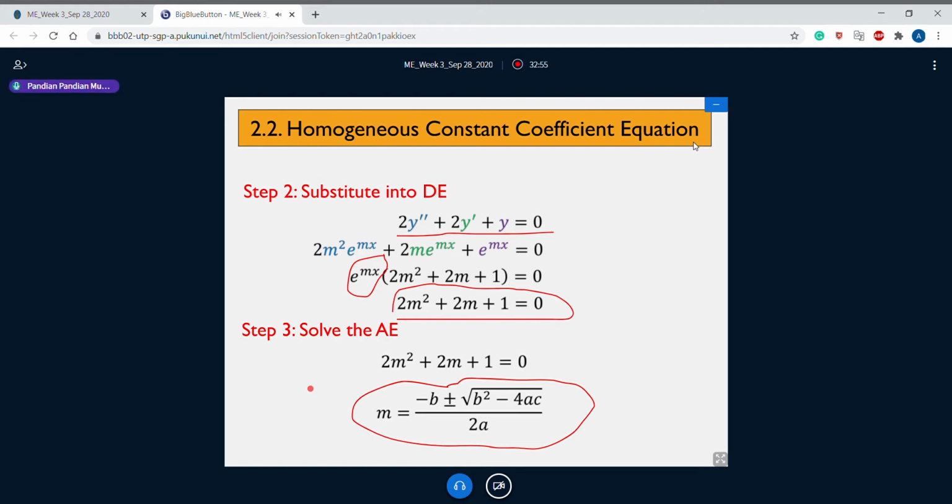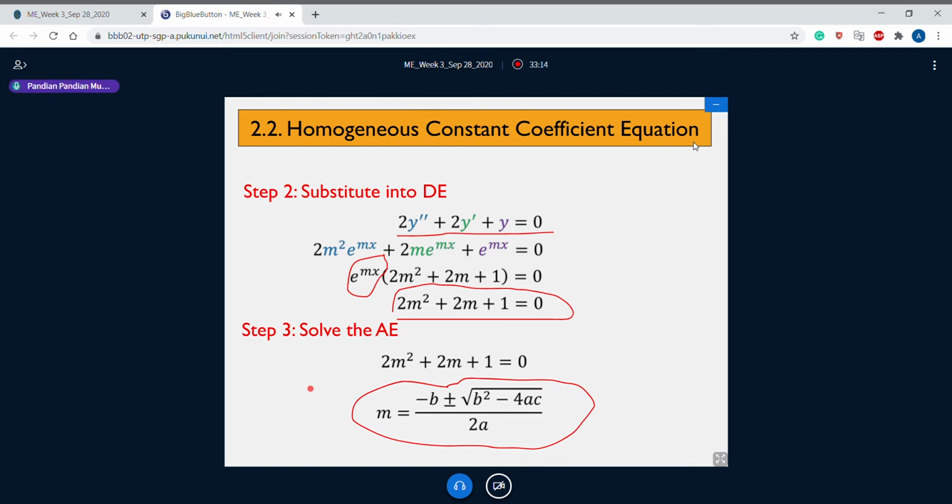This is the last choice, because sometimes you will not be able to use normal factorization or intuitive calculation to get the roots.